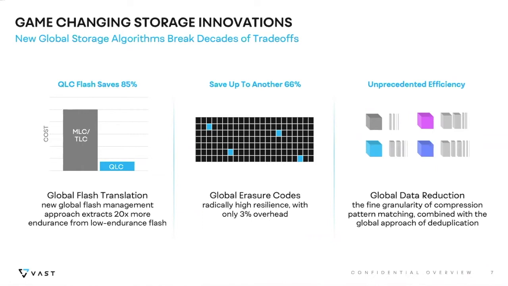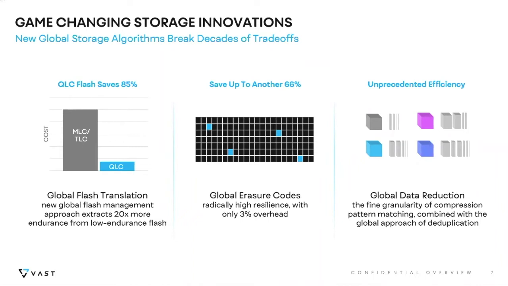And then finally, in terms of providing more free space from that infrastructure that has low overhead, we've pioneered a new type of global data reduction that we call similarity-based data reduction. And this capability has all of the benefits of deduplication in that it goes global across all of your namespace, all of your storage cluster.